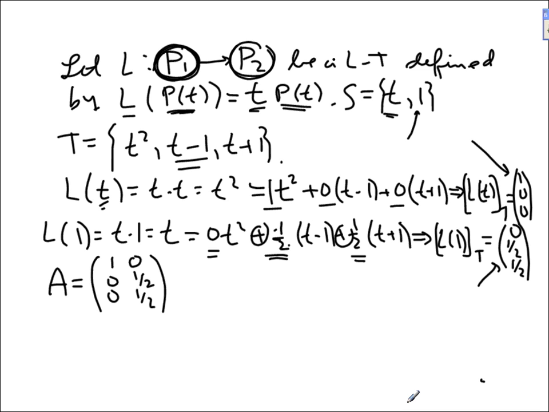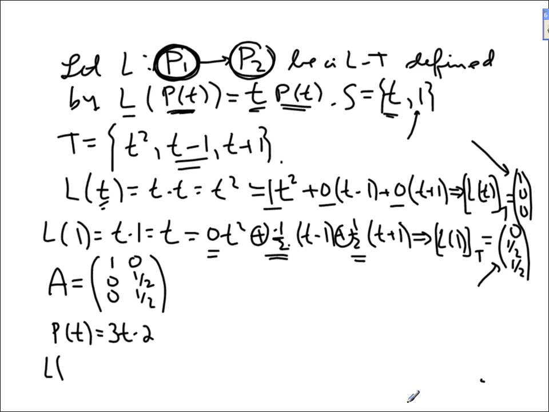let us do another problem. Suppose P of t is, once again, 3t minus 2. And we want to compute L of P of t using the definition directly. And the next part, use it with the matrix.